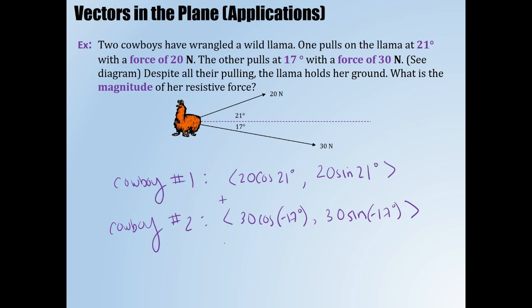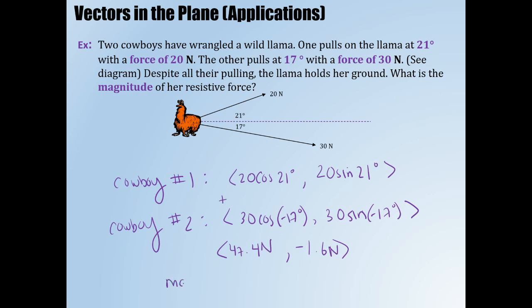So the resultant vector, 47.4. And then 20 sine of 21 plus 30 sine of negative 17 is negative 1.6 approximately.